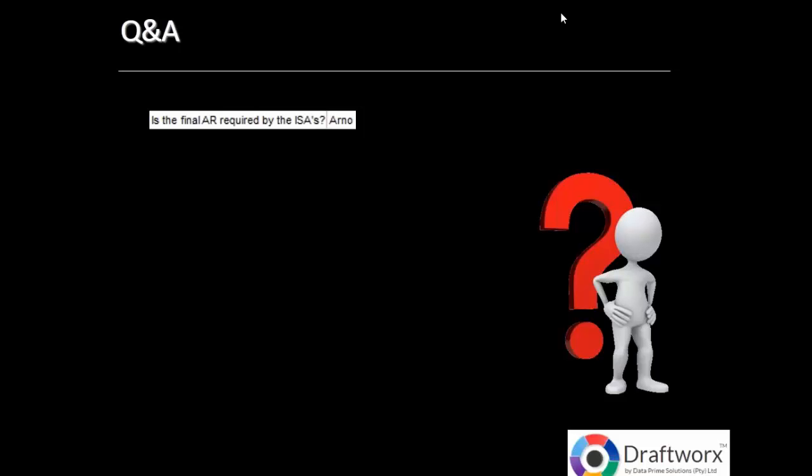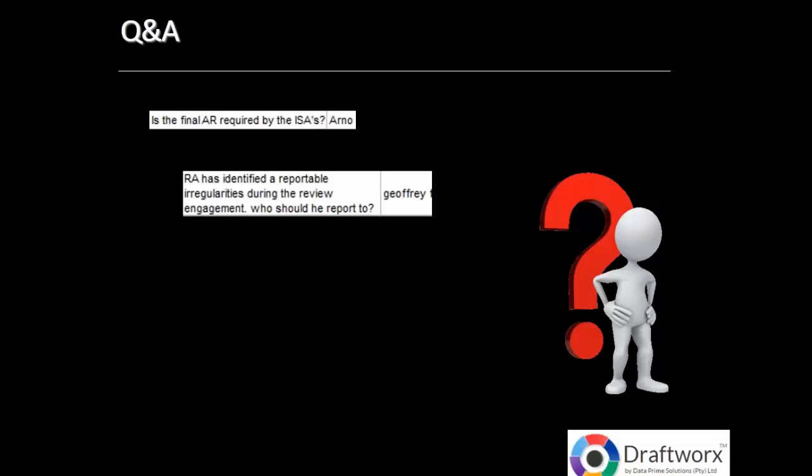While I'm searching, I don't know if somebody else knows offhand how to answer these questions, please also pop it into the question and answer column. You can help me out. Godfrey's question is about reportable irregularities. A registered auditor has identified a reportable irregularity during a review engagement. Who should he report to? Now, I'll stand under correction, and again, folks, please help me out here.